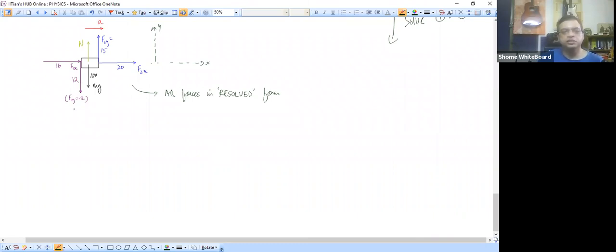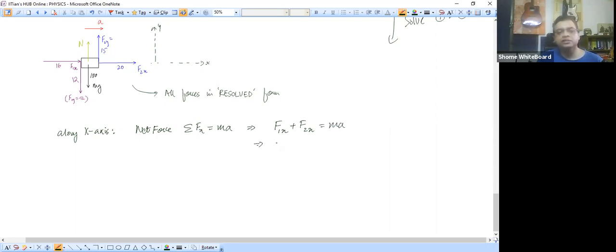Okay, so here now let us apply the concept that along the x-axis, the net force, that is the summation of all forces along the x-axis, should be equal to mass into acceleration. So the summation of forces along the x-axis is F1's x component plus F2's x component. There's no other force along the x-axis. That should be equal to mass into acceleration.